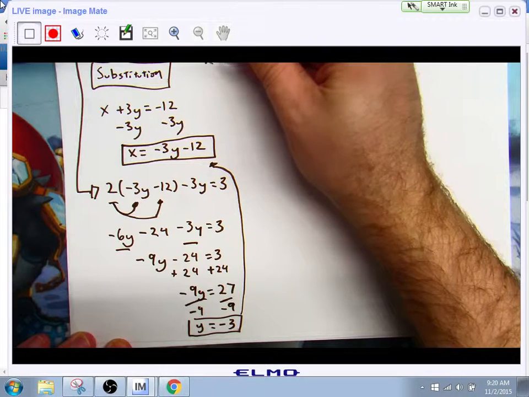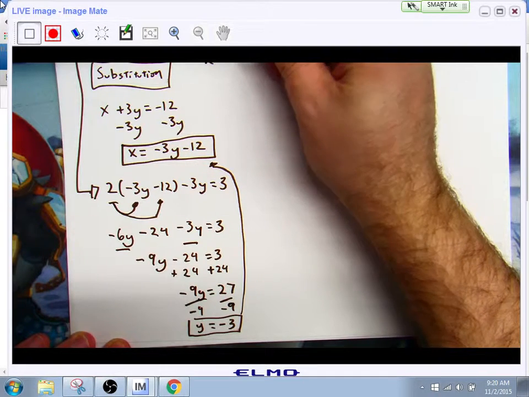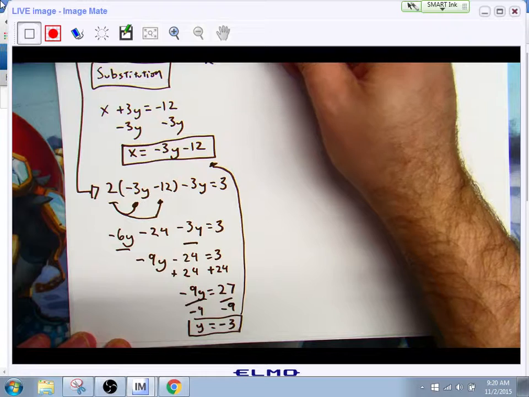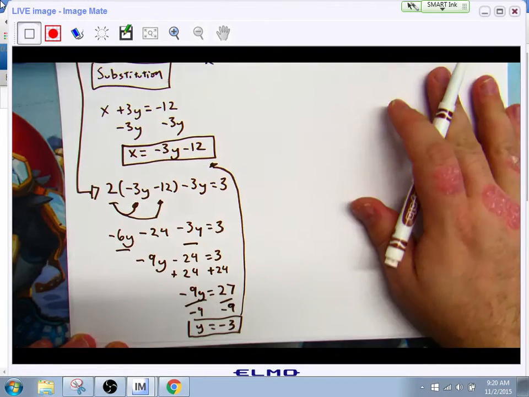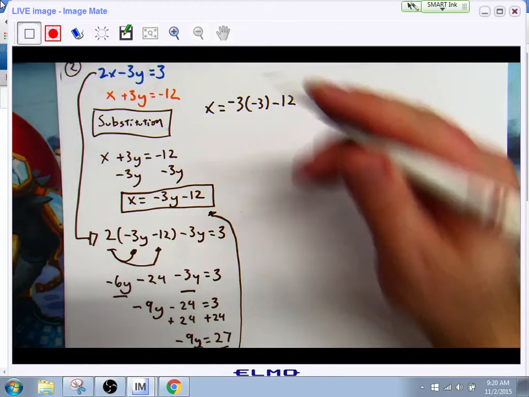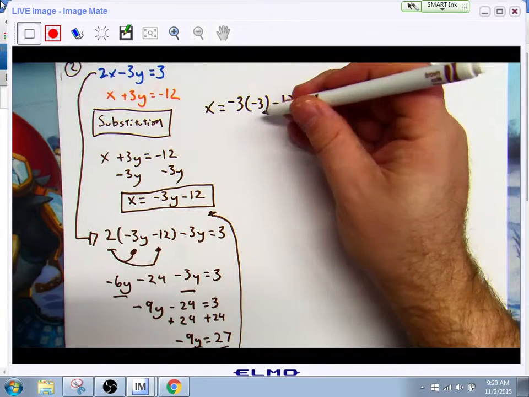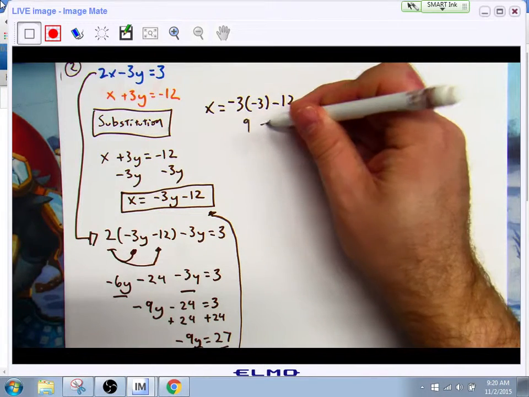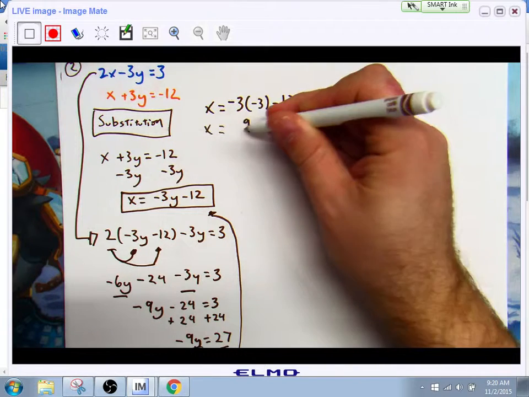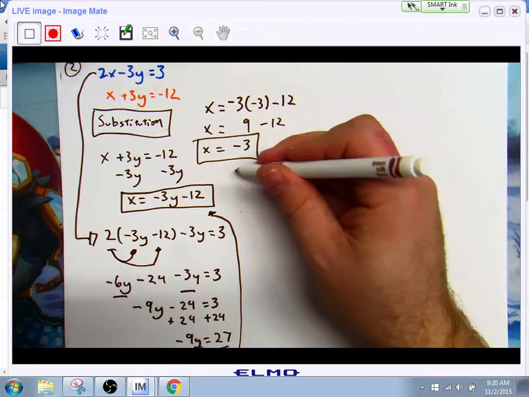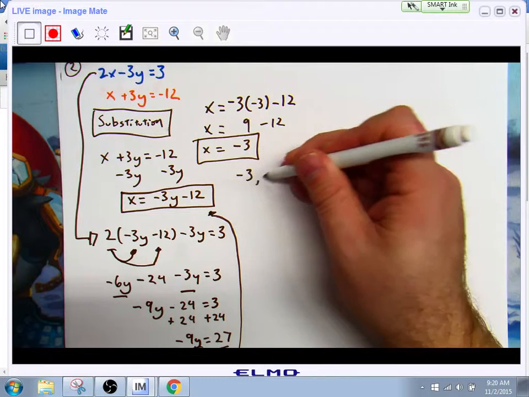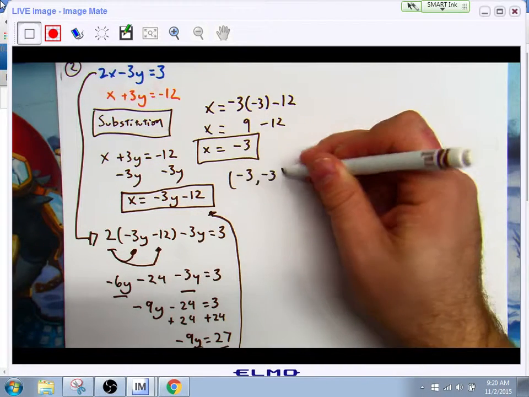I have x equals negative 3 times my y, which is negative 3, minus 12. Negative 3 times negative 3 becomes a positive 9 minus 12. 9 minus 12 is negative 3. So my final answer is the point negative 3 comma negative 3.